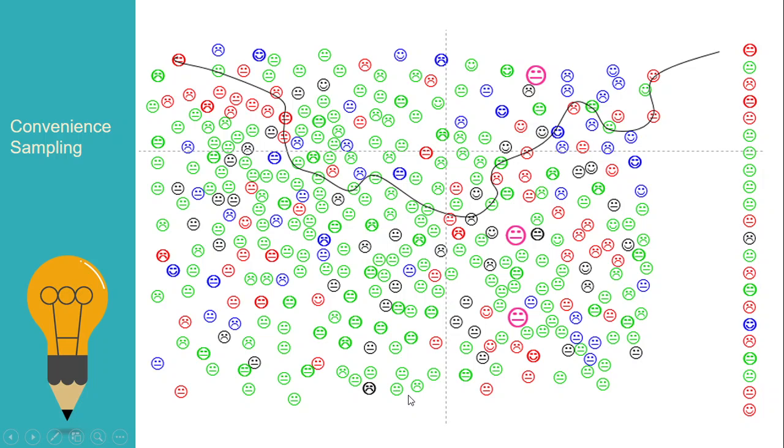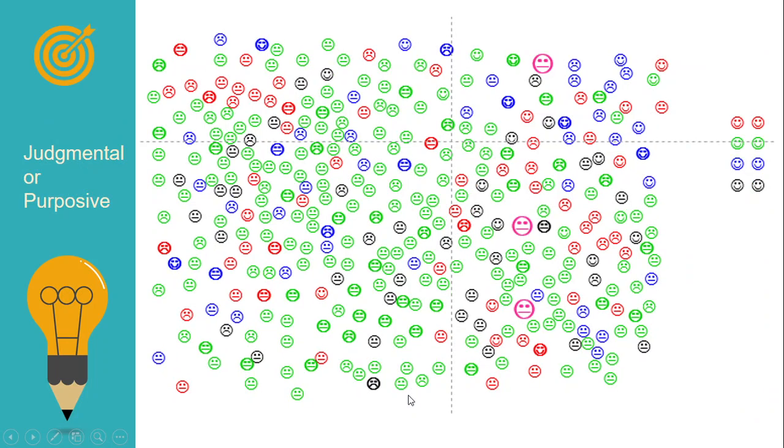Non-probability sampling does not involve known non-zero probabilities of selection. Rather, subjective methods are used to decide which elements should be included in the sample or should not be included in the sample. So it's called convenience sampling. It's dependent on the researcher.